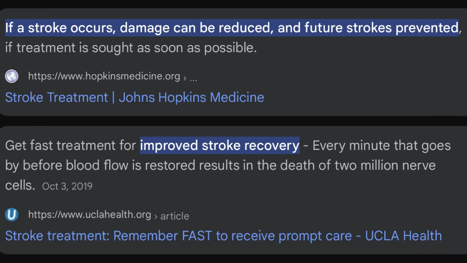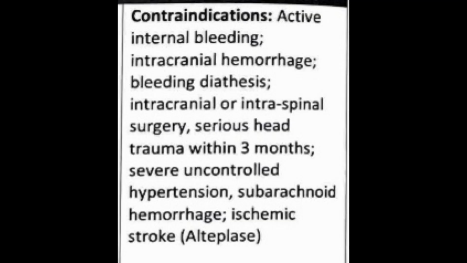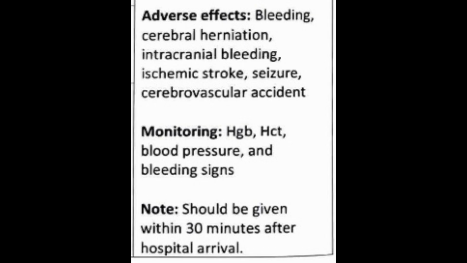You want to avoid use if the patient is actively bleeding, has an intracranial hemorrhage, is going to have intracranial or intraspinal surgery, has had serious head trauma in the past 3 months, or has hypertension or subarachnoid hemorrhage. All of those patients you need to avoid use. Some side effects include bleeding, cerebral herniation, intracranial bleeding, ischemic stroke, seizures, and cerebrovascular accidents.